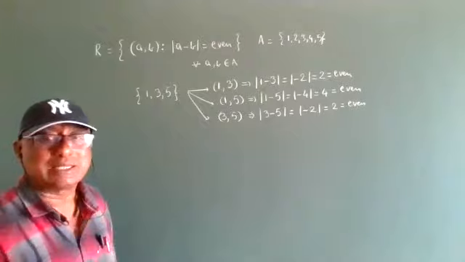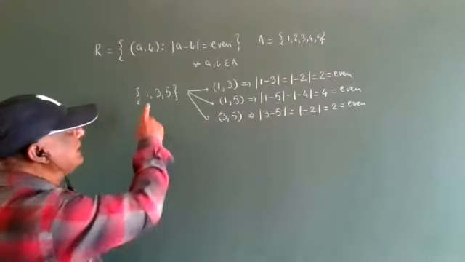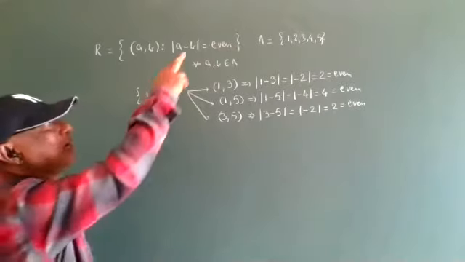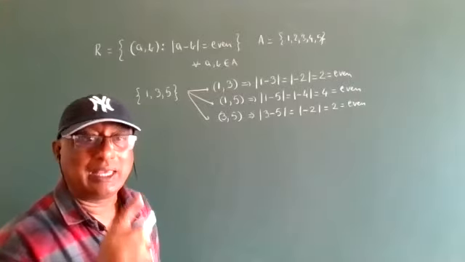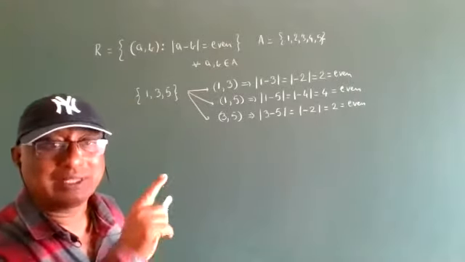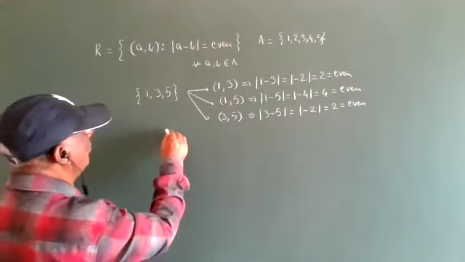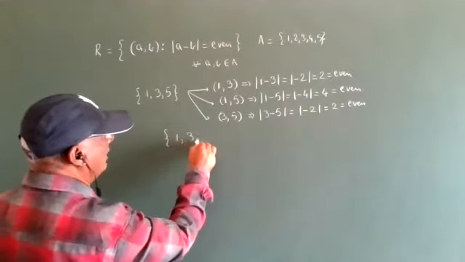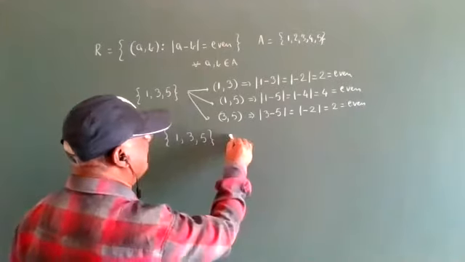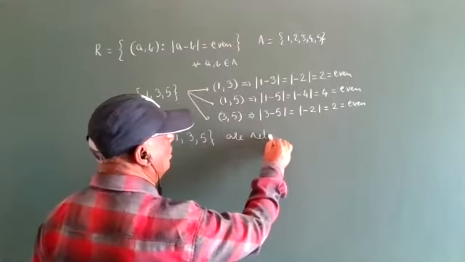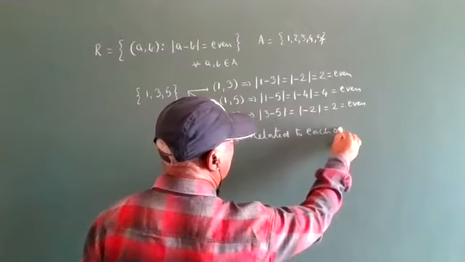Therefore, these numbers are related among themselves. 1, 3, 5 are obeying the above definition, so these are related elements. So 1, 3, 5 are related to each other.